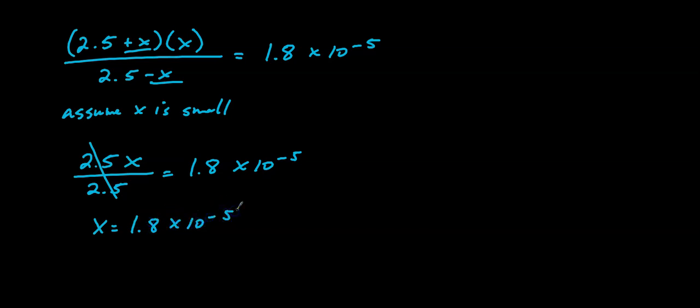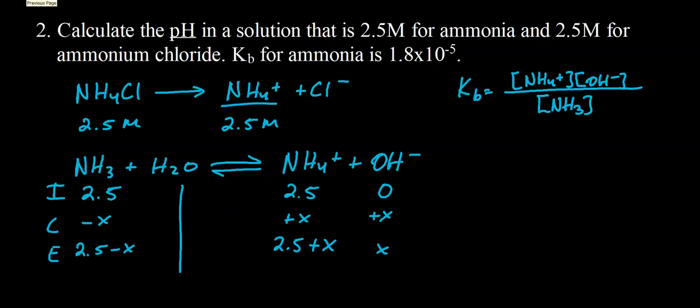Now, something I want to talk about is going back to Le Chatelier's principle. If we increase the concentration of ammonium, let's say we take a solution of ammonia, and to that solution we add solid ammonium chloride. That ammonium chloride is going to dissolve, it's going to dissociate, and we're going to have some ammonium ions in that solution.